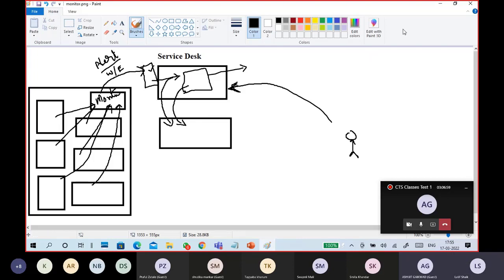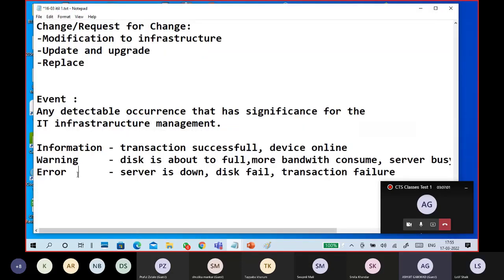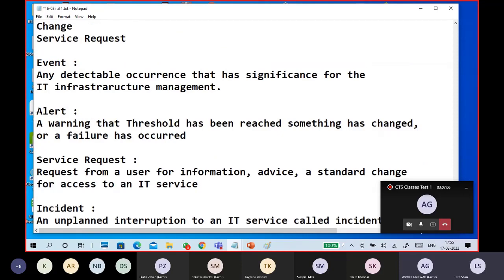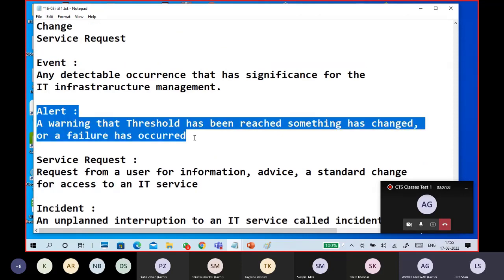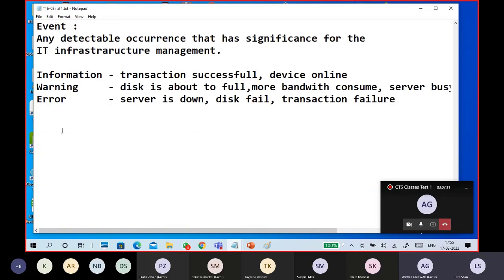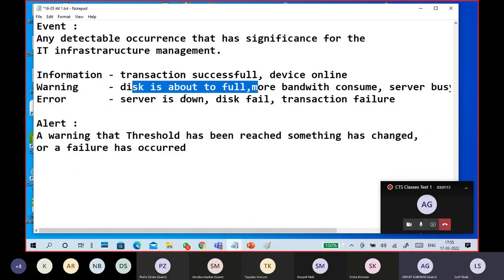Alerts are warnings, generated errors or notifications. Either they warn that the disk is full, bandwidth is high, or the server is busy, your hardware utilization is high, RAM is at 90% utilization, server CPU is at 80% utilization.